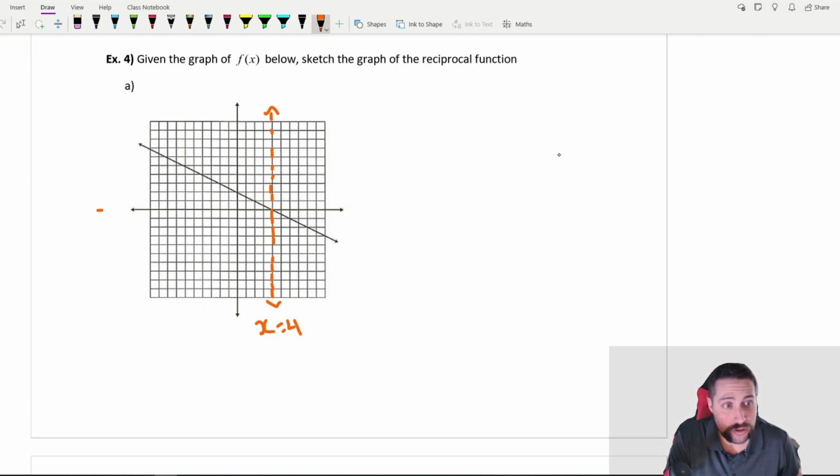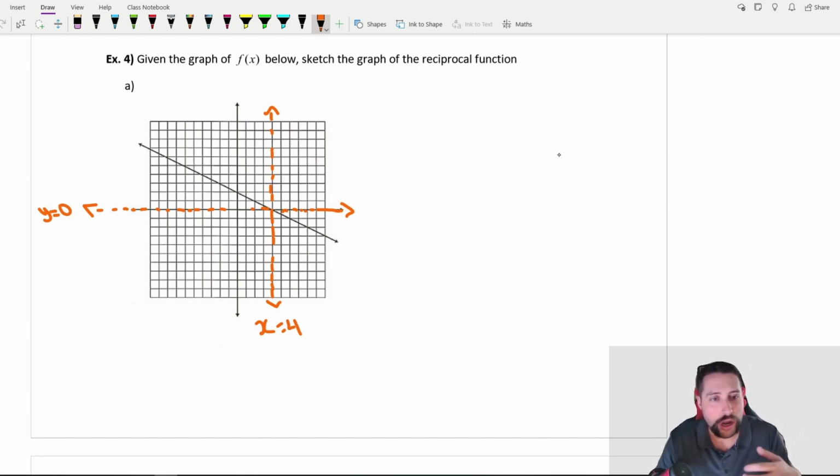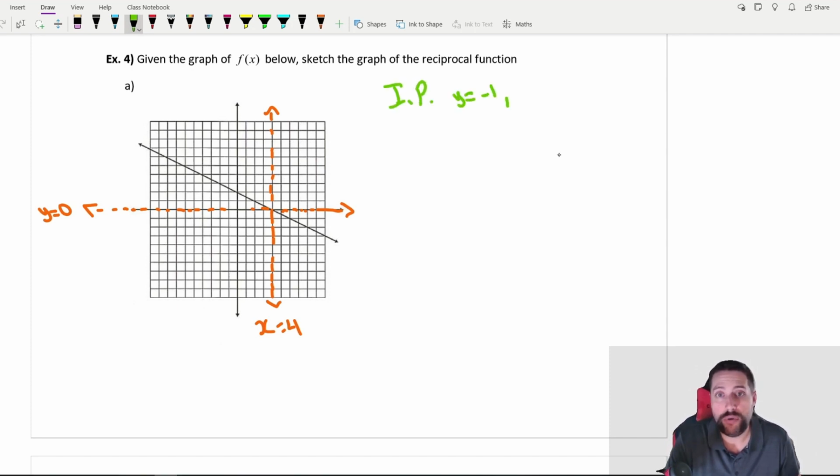Because this graph has not been moved up and it's a linear function, we can safely say that we have a horizontal asymptote at y equals 0. Now that we have that, let's draw our invariant points. Your invariant points are wherever y is equal to -1 and 1.